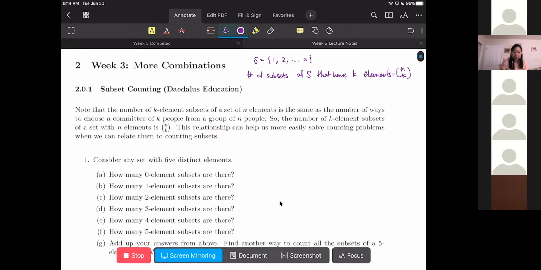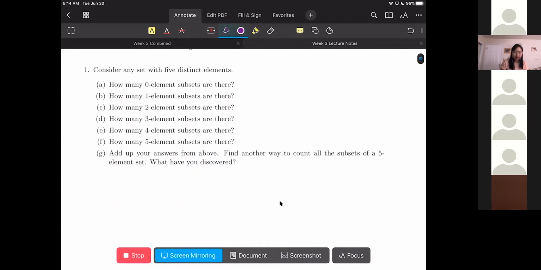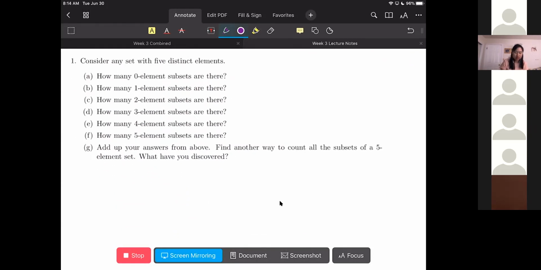So let's do an example with this. It's okay if that didn't fully make sense, and we'll see from here.